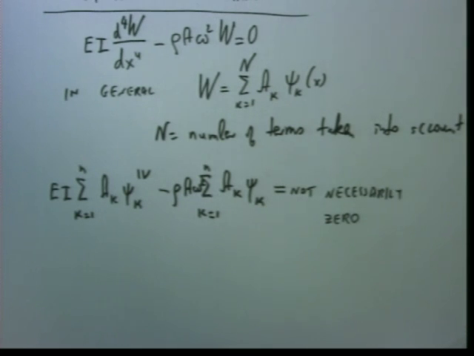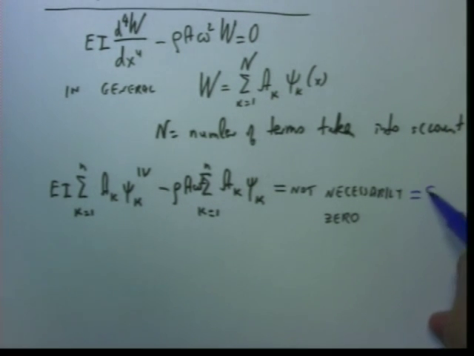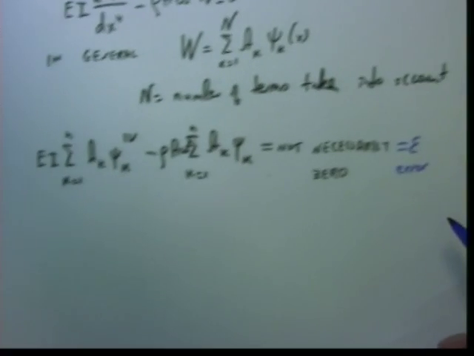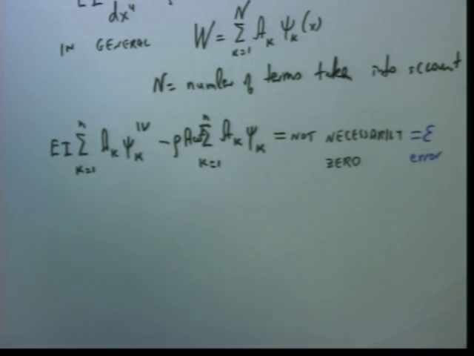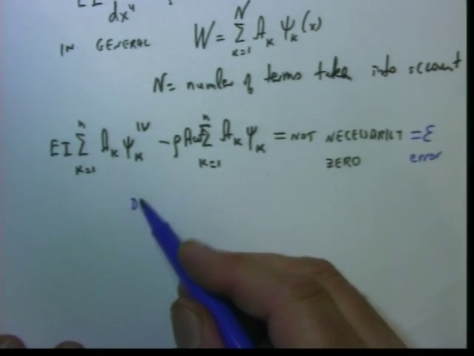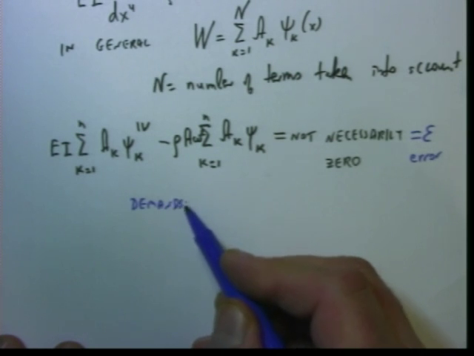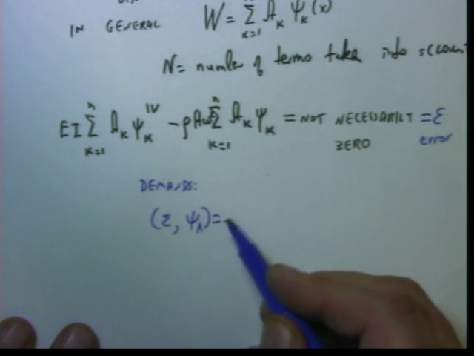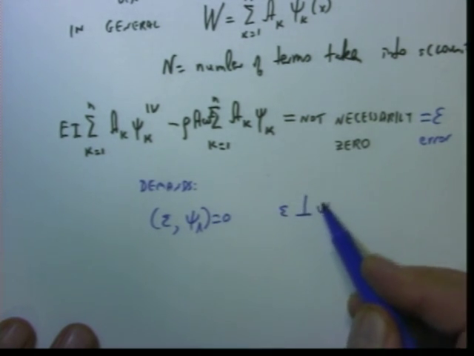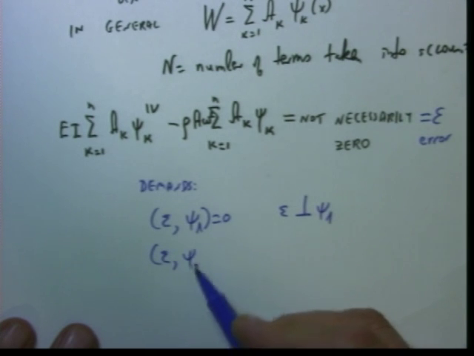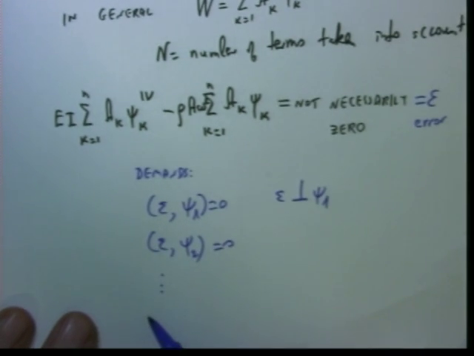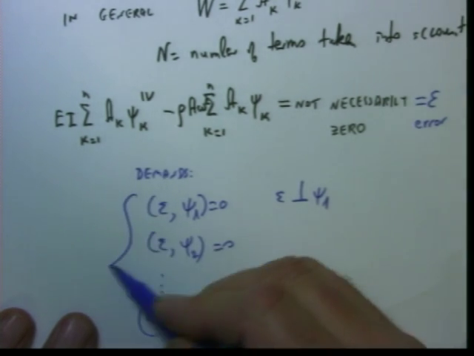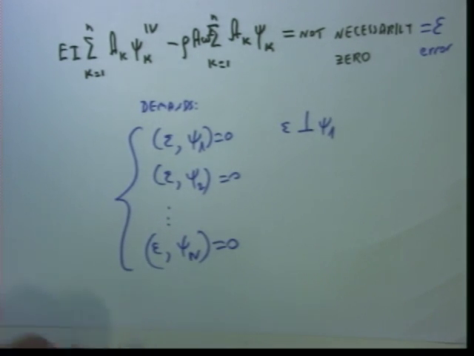These are approximations. So therefore, this is an error. So this error must be perpendicular to psi 1, equals 0. Then error perpendicular to psi 2, etc. Error perpendicular to psi n. Okay, so there are n conditions.